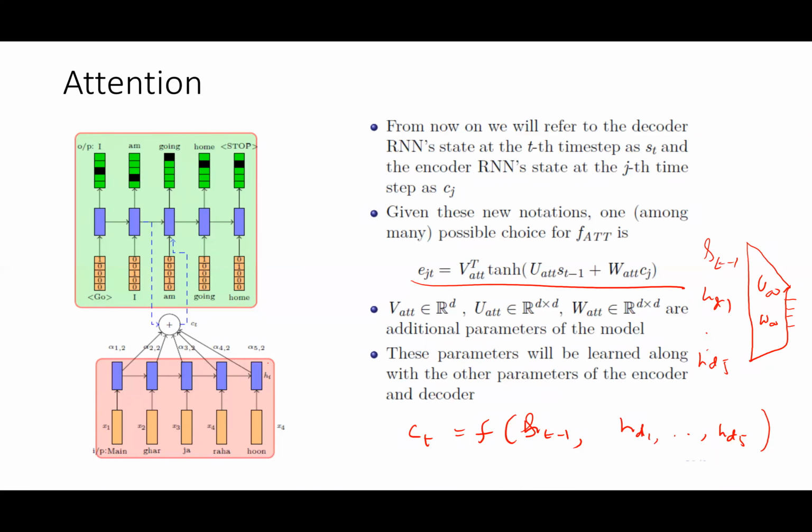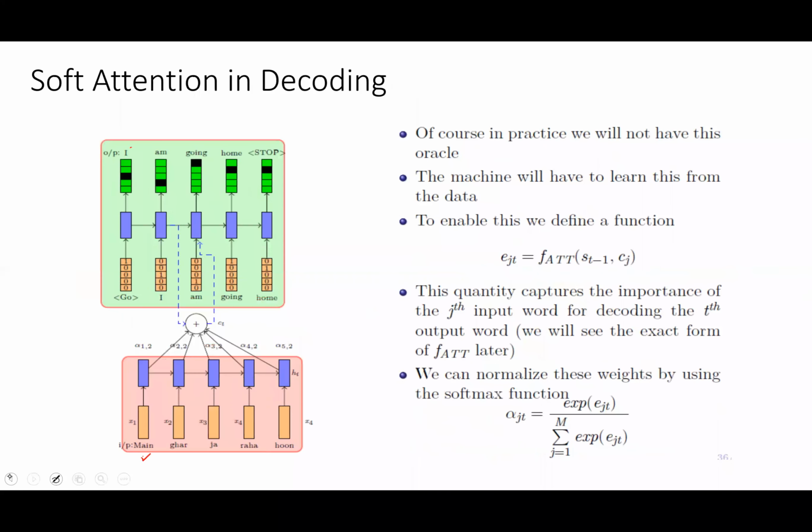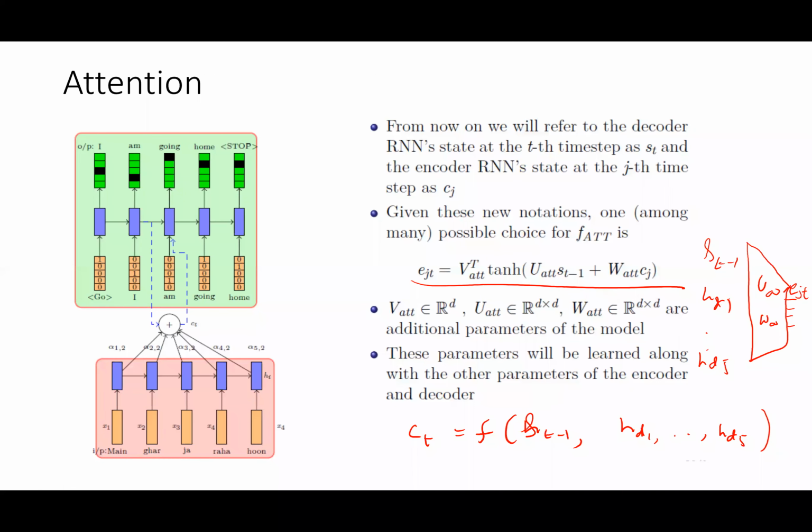Assume that there is a network that is used to weigh the probable score, say ejt. What is this learning? From the jth encoder output to the t minus 1 decoder input, what should be the score I should consider?